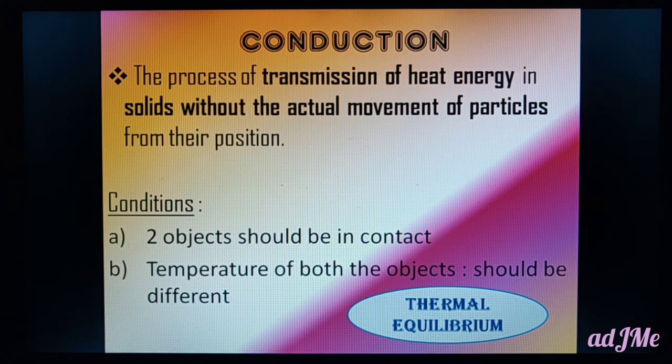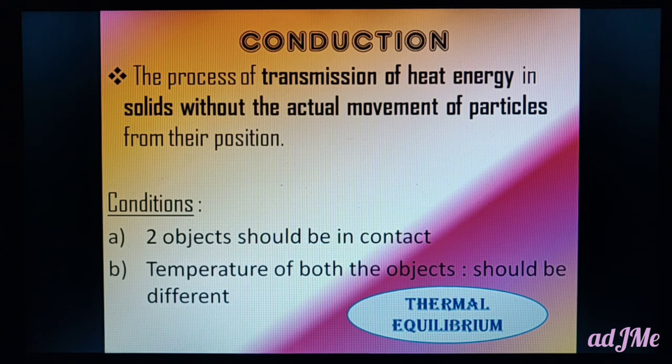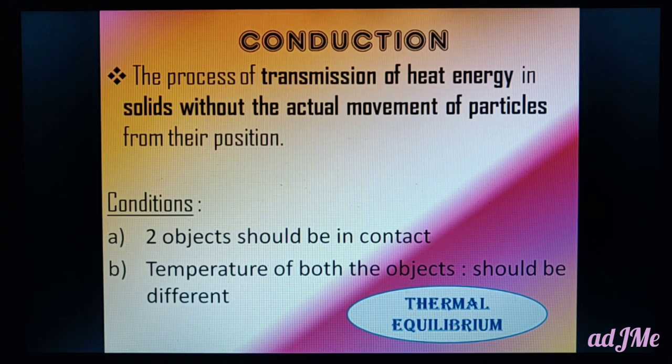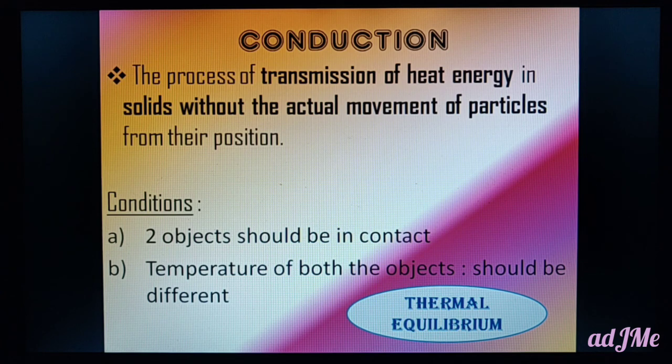Because when you come across conduction from one object to the other, at one particular point you will find both the objects at the same temperature. At that point you don't come across conduction at all. That point is called thermal equilibrium. I hope you understand the second concept. We have learned before that heat transfer is always from the higher towards the lower and not from lower towards higher.